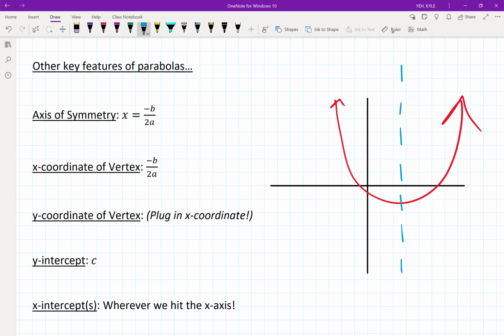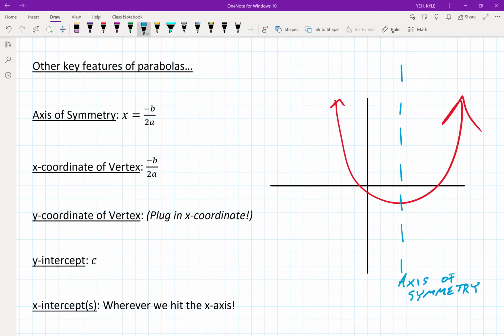We could fold the left side over onto the right, it would line up exactly. This right here is my axis of symmetry. It's my line that cuts the parabola into two perfectly equal halves.